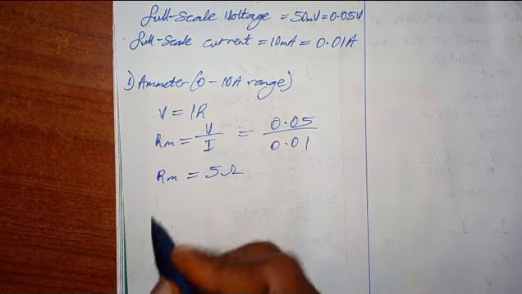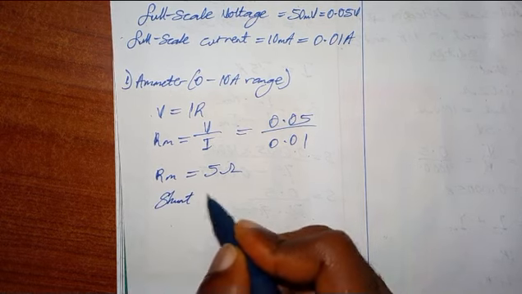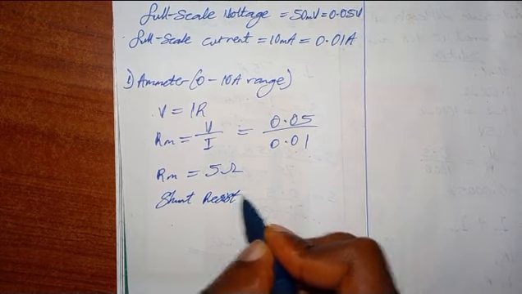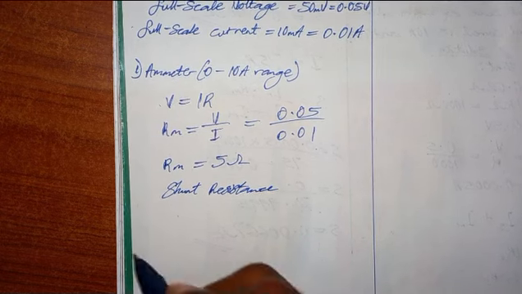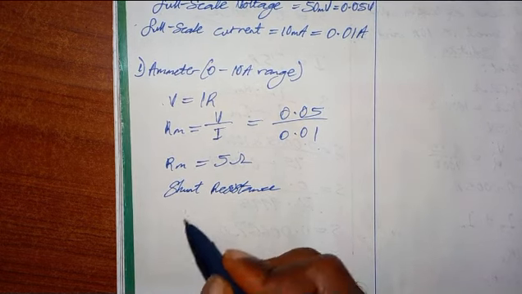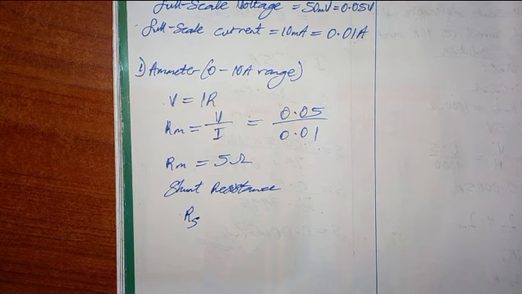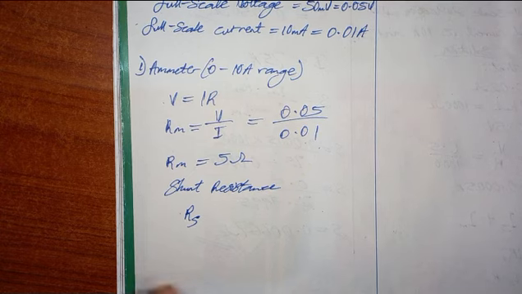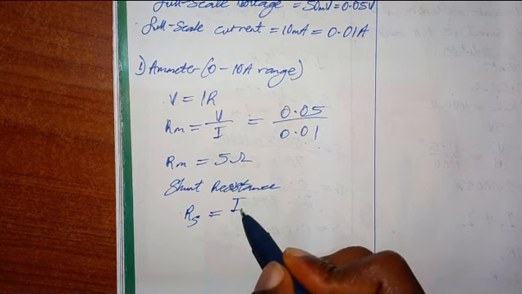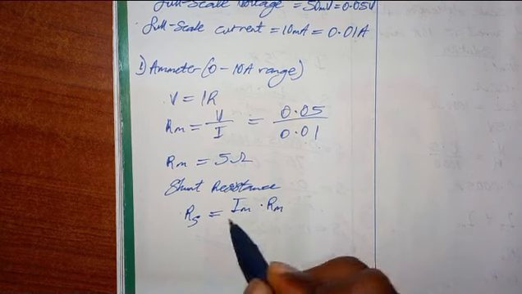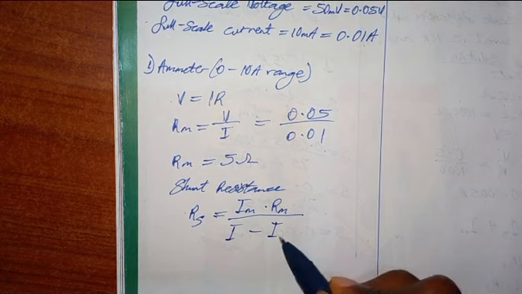So that was the meter resistance. Now the shunt resistance here will be Rs, or S. I used S in the last calculation that I did. Here it will be Im times Rm divided by I total minus Im.